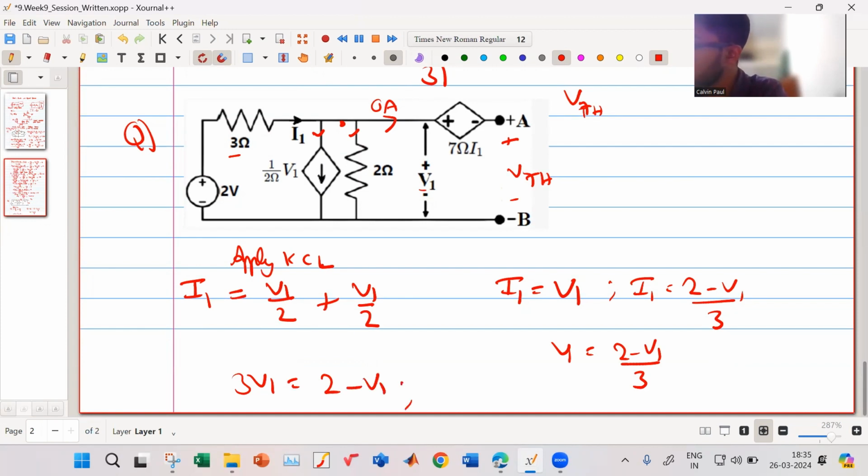So what will I get? How much will be V1 then? 1 by 2. Okay, so my V1 will be 1 by 2, that is 0.5 volt.